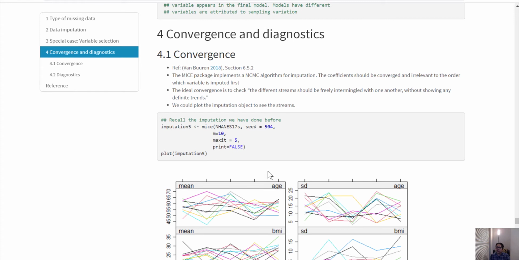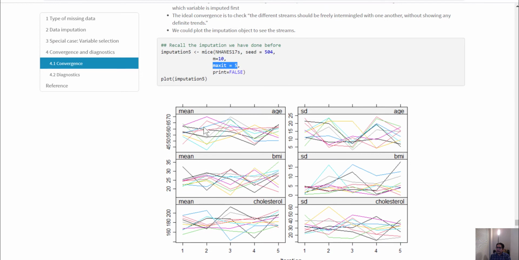Alright, so the last point about the multiple imputation I want to make is about the convergence. Remember, there was this max IT equal to 5, and when you plot this you should see something very similar. If something is jumping out and looking out of the ordinary, that is probably an issue.